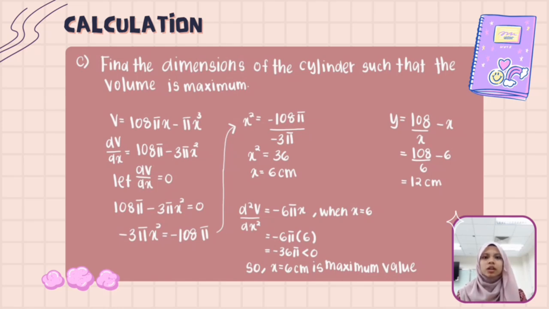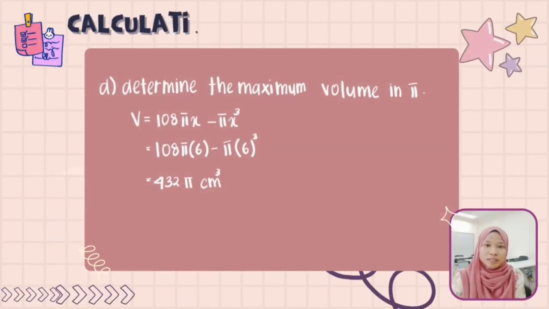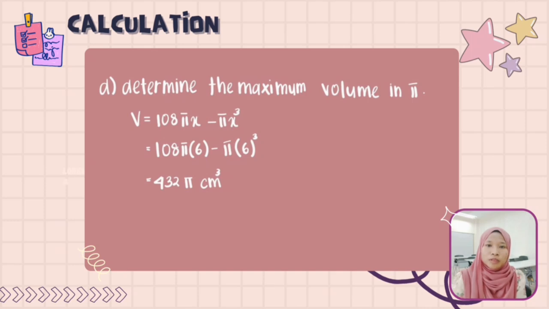The equation of y is 108 over x minus x. We substitute the value of 6 into the equation. So 108 over 6 minus 6 will become 12 cm. So the height of the cylinder box is 12 cm.